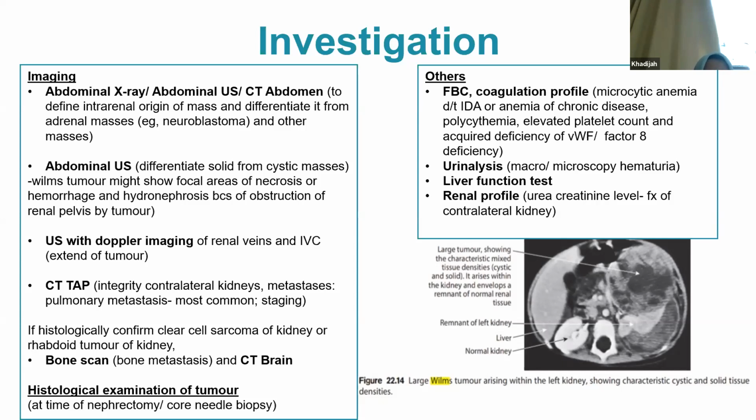Urine analysis can also be done to look for macroscopic or microscopic hematuria, and a renal profile to look at urea and creatinine levels so we know the function of the contralateral kidney.